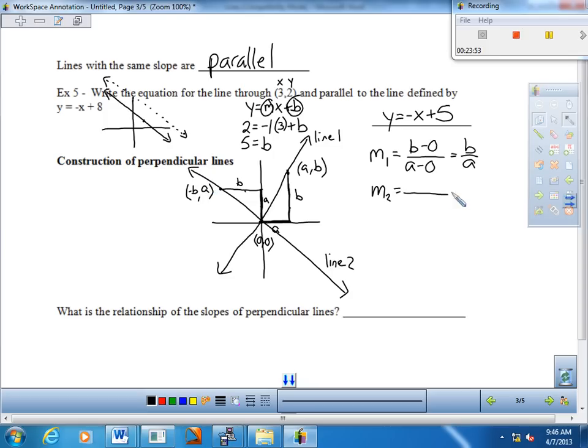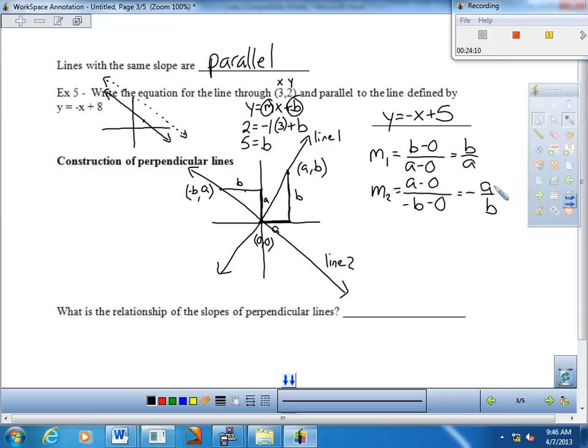Now, guys, slope, one more time, is Y2 minus Y1 over X2 minus X1. And you could see we end up getting A over -B, or really the opposite of A over B. So no matter what numbers you use, if you constructed this perfectly just like this, you created 2 perpendicular lines, these should be your slopes.